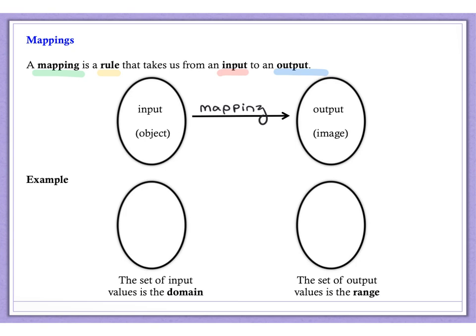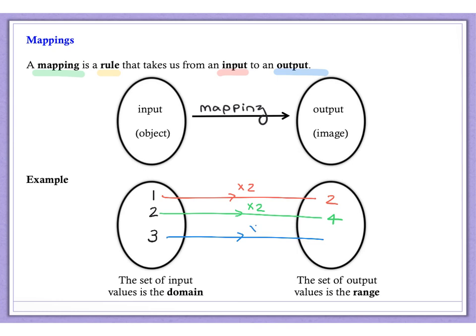I'm going to pick a mapping, which is the rule multiplied by 2. I'm going to choose some input values, which are 1, 2, and 3, and we're going to map these using the rule multiplied by 2. So very simply, 1 is mapped to 2, 2 is mapped to 4, and 3 is mapped to 6.